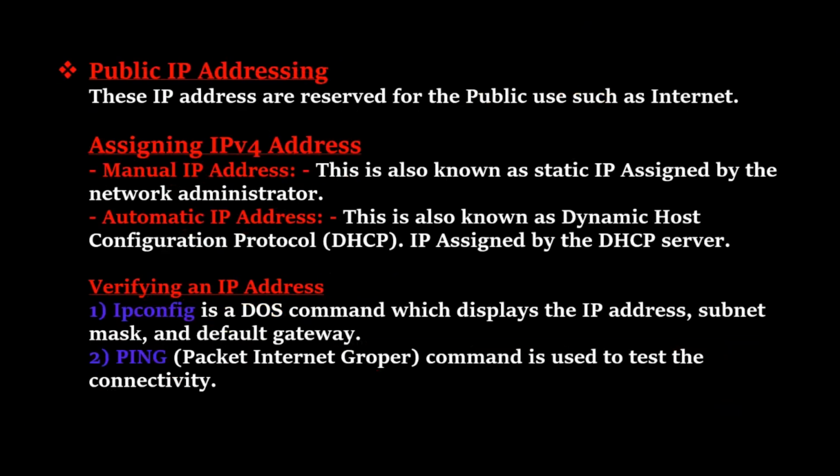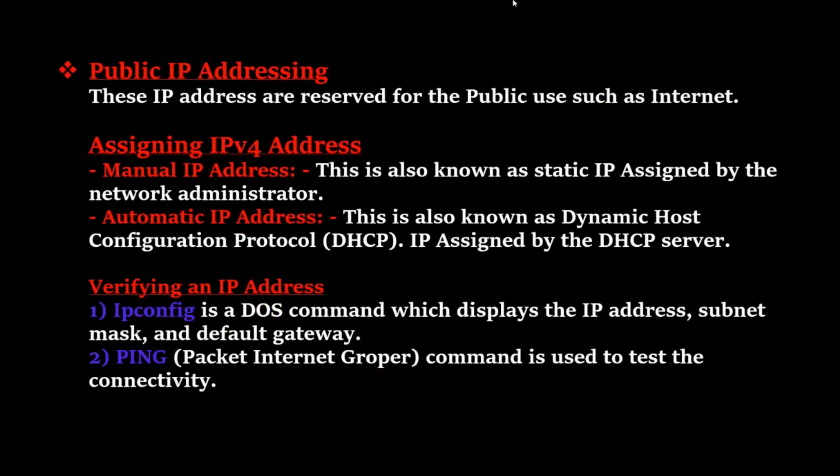Suppose you recharge your mobile or SIM with a plan like 399. When you pay for that recharge, the ISP assigns one IP to you for that period of time, like 28 days or 56 days or however many days they provide. So this is the meaning of public IP address.